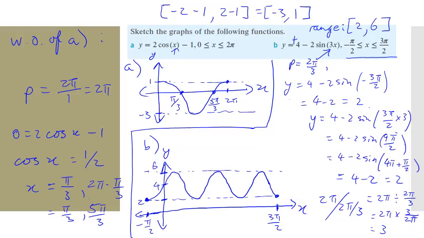Each period is 2 pi over 3, so if you know the full range of this, you just divide it and work out how many cycles you need to draw in, okay? If you're not quite sure, it's alright, just have a look at it a little bit later. You'll kind of get it.